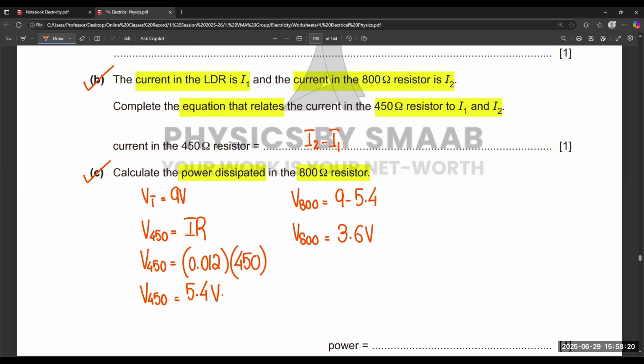So finally, what happens? Power dissipation will be P equals V squared over R. That is 3.6 squared divided by 800.